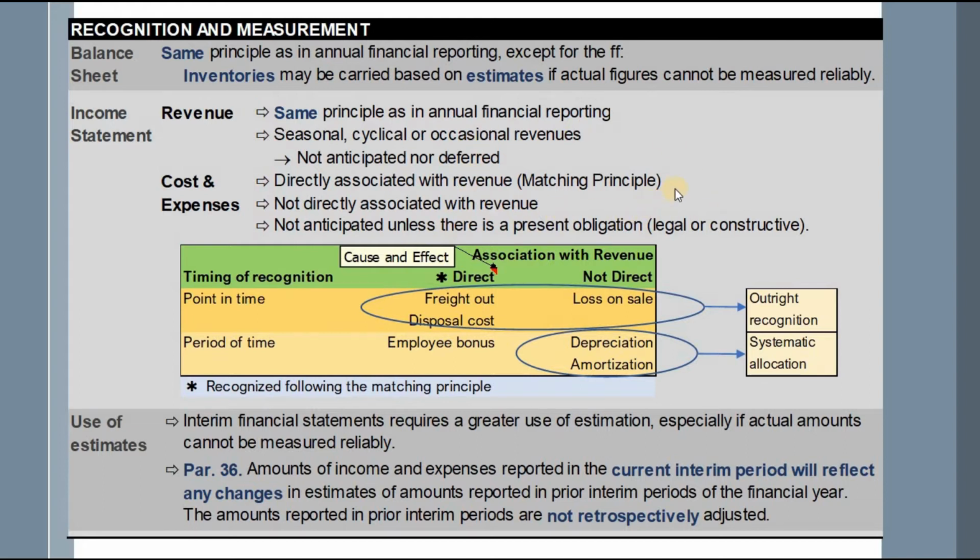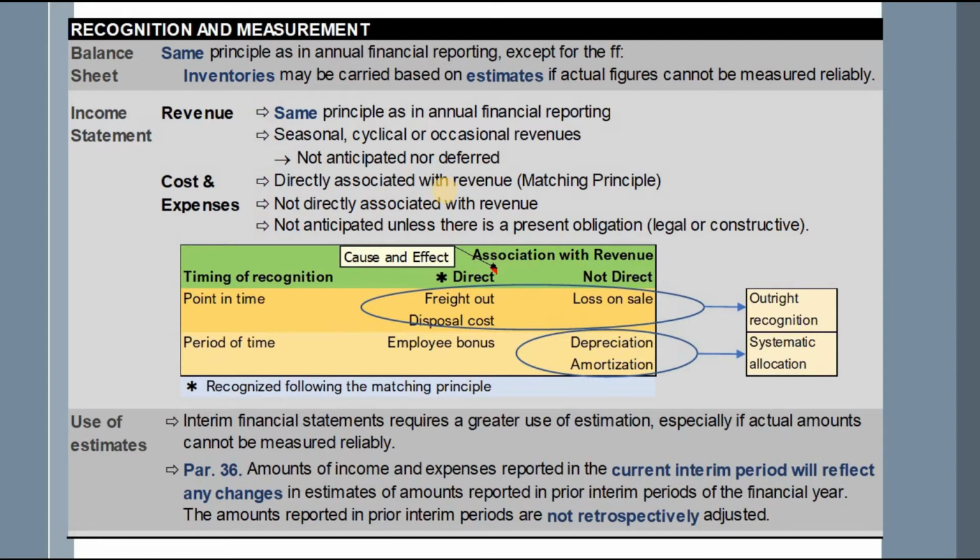If you still remember, in basic accounting, matching principle states that the expense must be recognized during the same period the related revenue has been recognized as earned. So it simply states that both expense and revenue that are related to each other must be recognized during the same period. So that is matching principle, and that is how to apply the cause and effect.